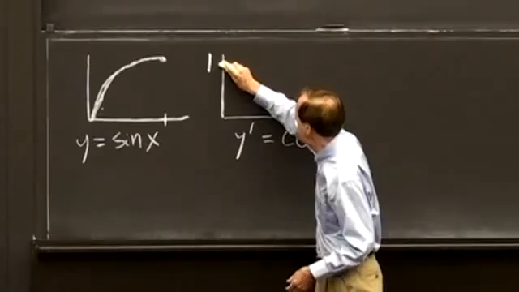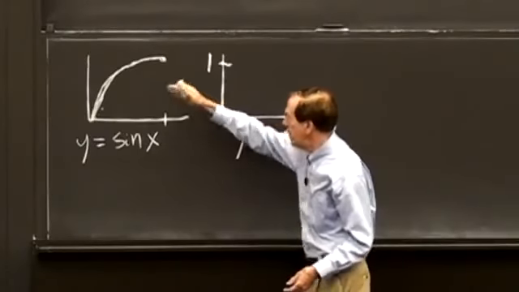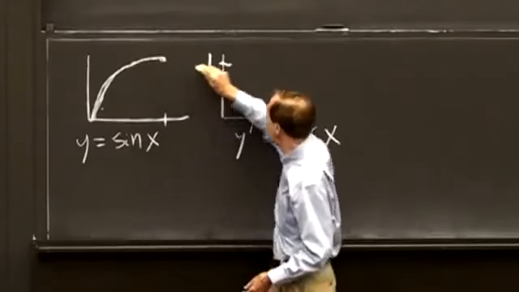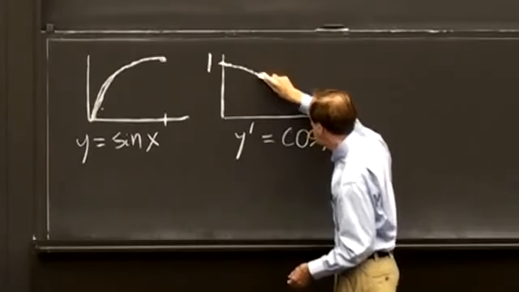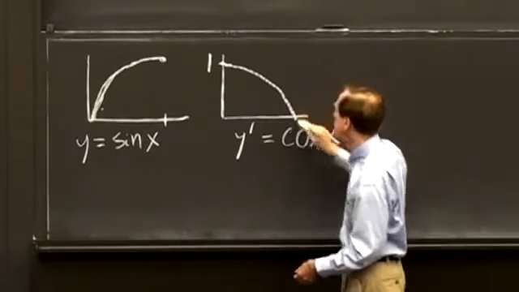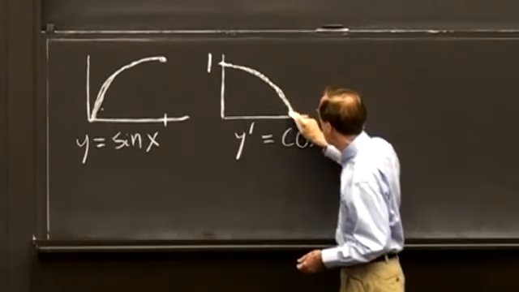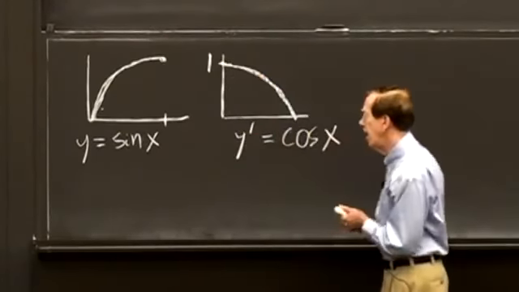And the cosine is the slope of the sine curve, and it starts at 1, a slope of 1, and it comes down to 0, as we know the cosine does. So that's a graph of the cosine.